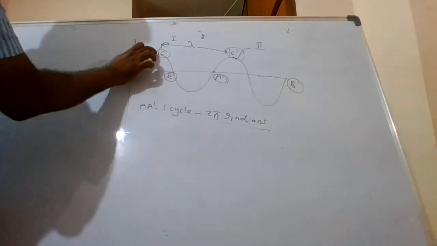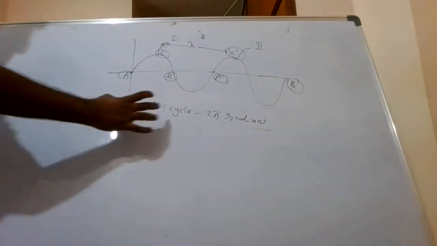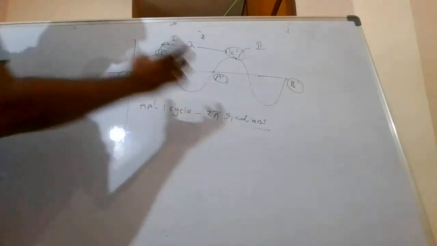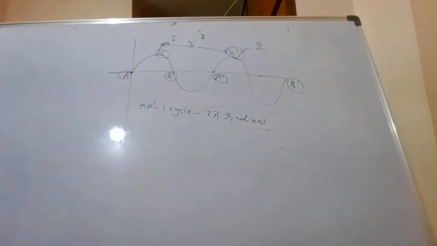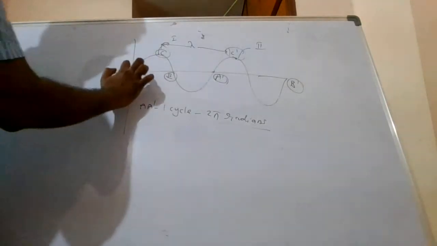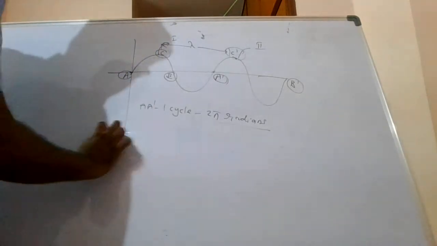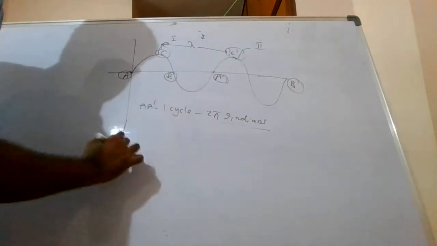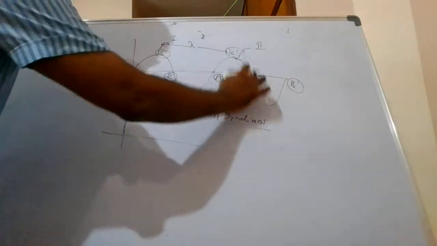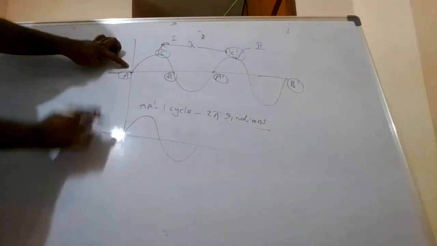From this point, from C to B, it is going down. The pattern is the same. So in one cycle, the difference of phase is 2 pi radians. Okay. You imagine this as one wave and this as another wave. You can draw this wave another way here also, like this. If you are not comfortable here, you draw here. This portion, you draw it here and compare and see.